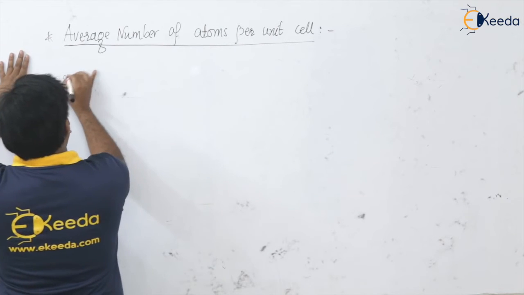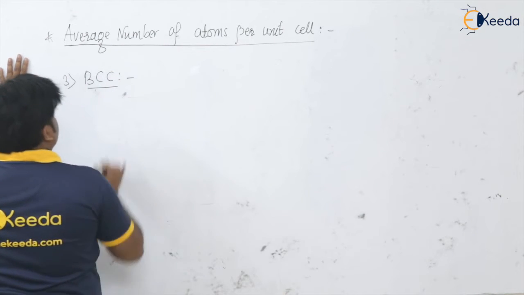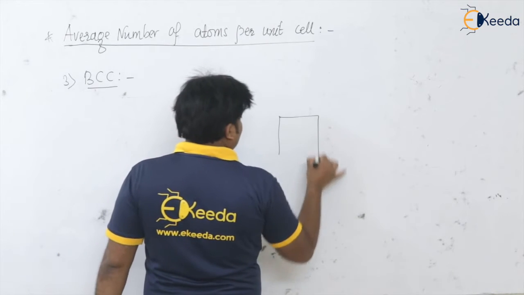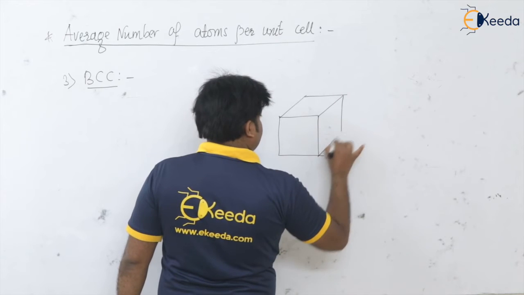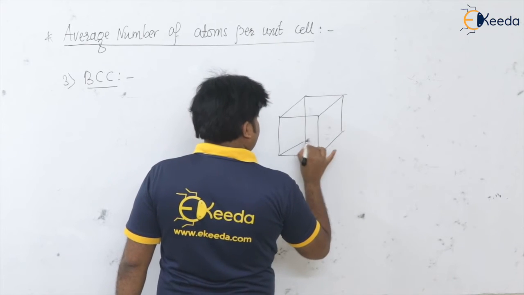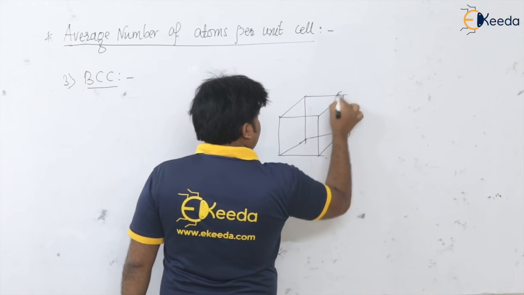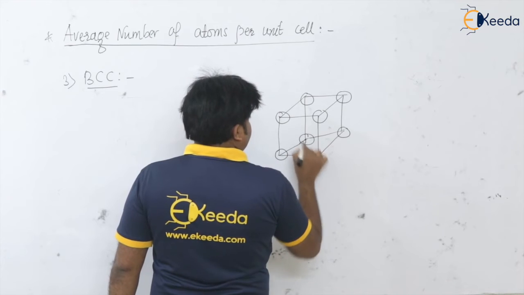So third will be for body centered cubic. So tell me in BCC, क्यूब है, 8 कॉर्नर पे 8, one two three four five six seven eight.